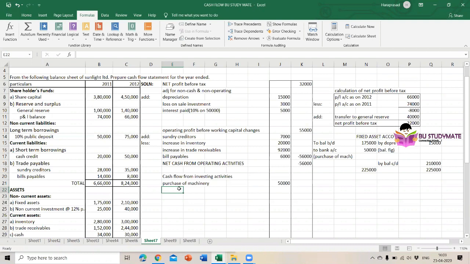Then we'll come to non-current investment. So we have to make an entry for this non-current investment. And this is also an asset. So we'll start with balance brought down, the opening balance.